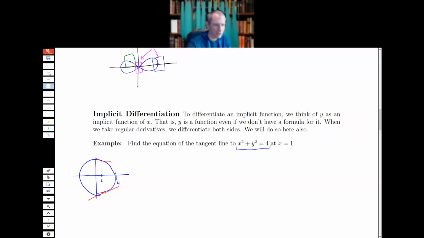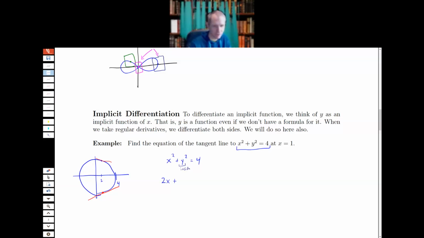So let's look at how I do the derivative part of this. Okay, so I'm going to start by writing my relation here, x squared plus y squared equals 4. And now I'm going to differentiate both sides. So on the left, when I differentiate x squared, the derivative of x squared is 2x, no big deal. To differentiate the y squared, the y is my inside function. So I'm using the chain rule.